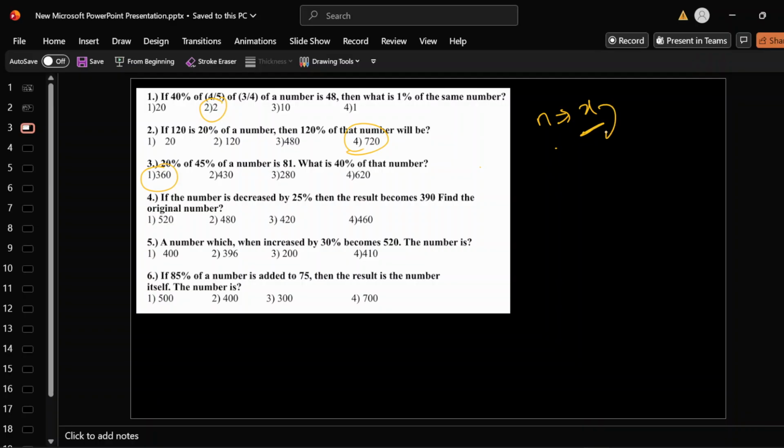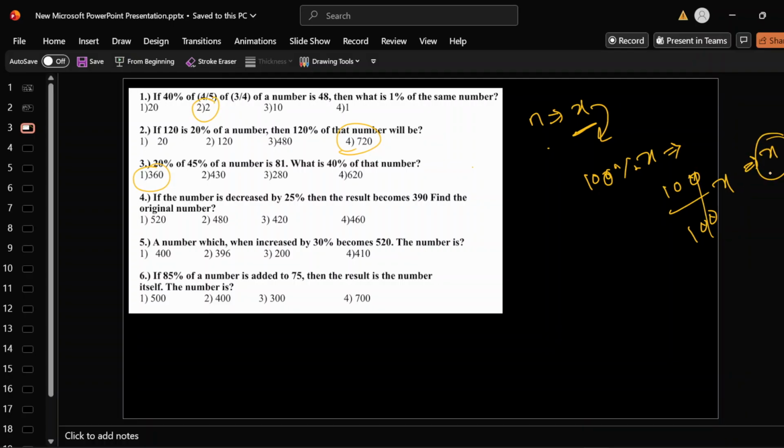We can write this number as 100% of x, because percent means by 100, 100 by 100 into x. That means the previous value is x. So let us write n equals 100% of x.